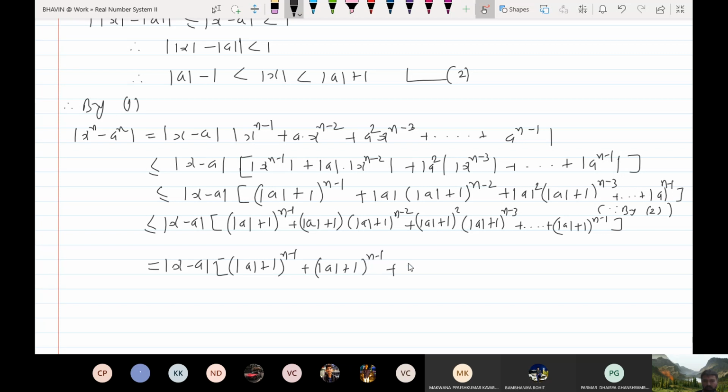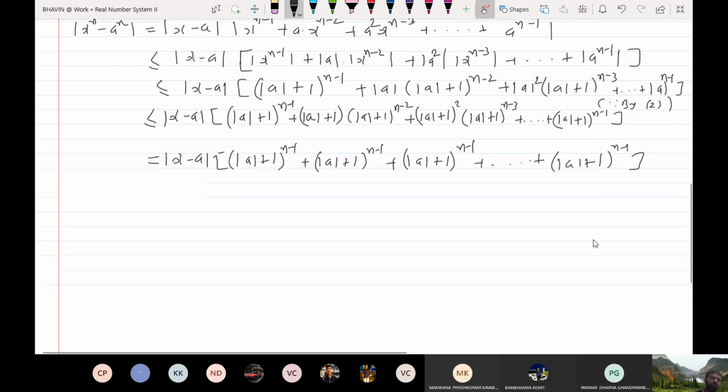Again if you add these two, the last term is (|a|+1) raised to n minus 1. So how many times? This is first, this is second, this is n times. So we will get this is equal to n into (|a|+1) raised to n minus 1 into modulus of x minus a.